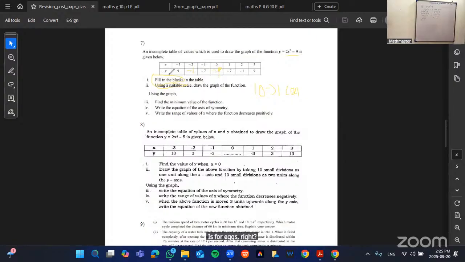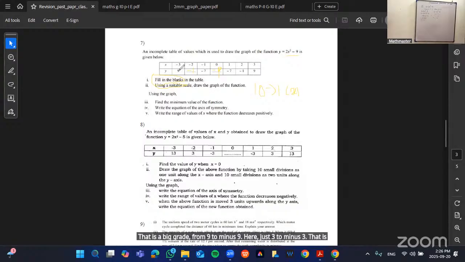Then for y, the values go from 9 to minus 9. The maximum value is 9 and the minimum value is minus 9, so you have a range of 18. That is a big range, while 3 to minus 3 is not.